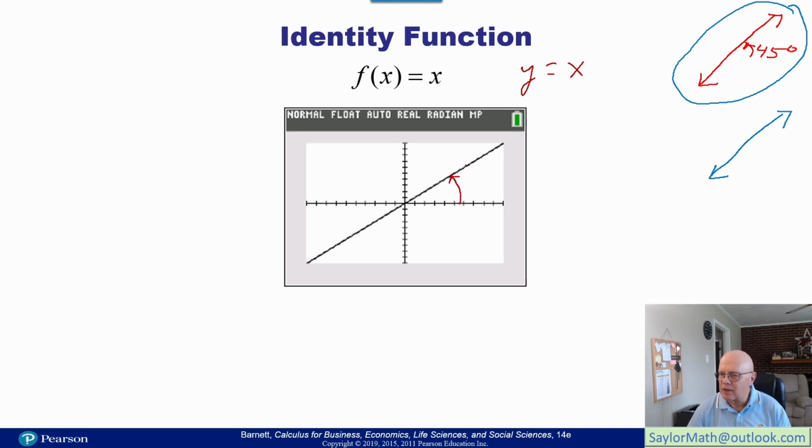For example, somewhere in here is the point 5, 5. For each one of those points on there, the x and the y coordinates are the same. That's the identity function. So you start with a number, and the number that's paired up with it doesn't change from the original number.